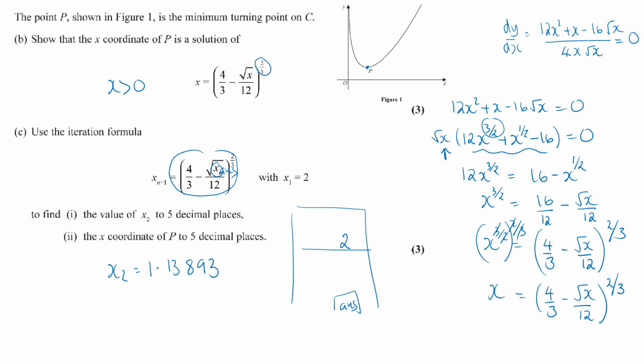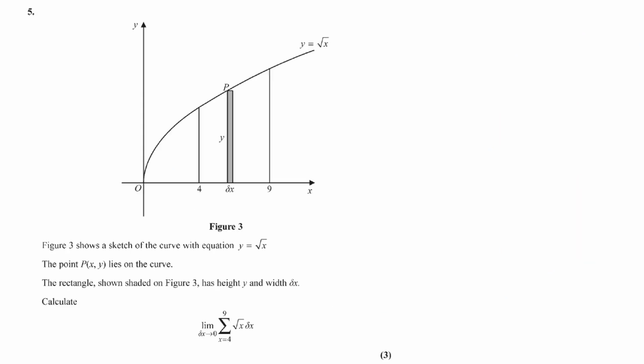And then if you keep pressing the equal sign, it will do further iterations, and you just keep pressing it till it settles down and you get an answer that repeats itself for 5 decimal places, and you find that P is equal to 1.15650 to 5 decimal places.